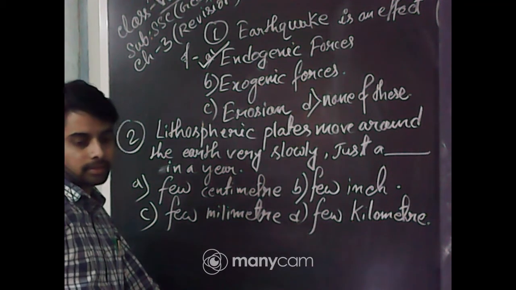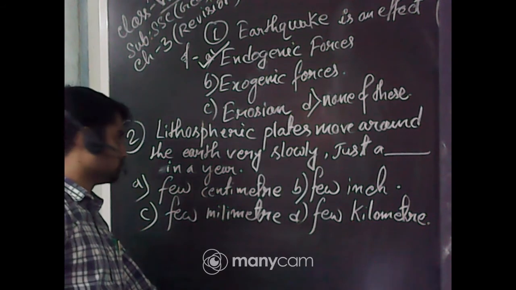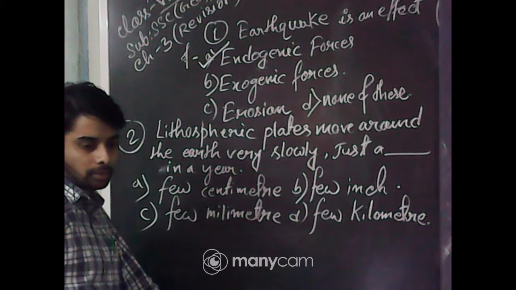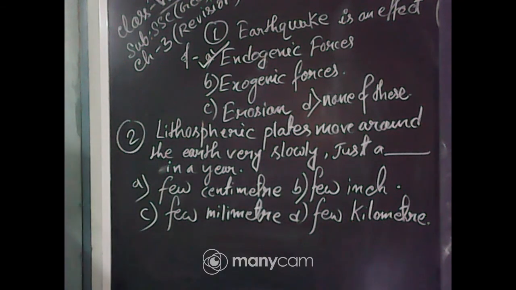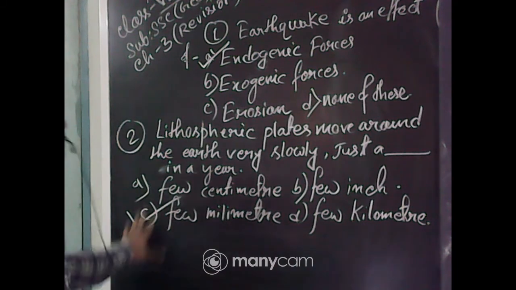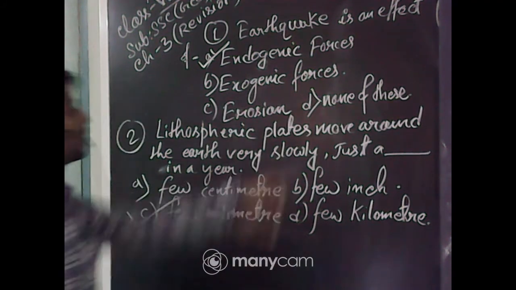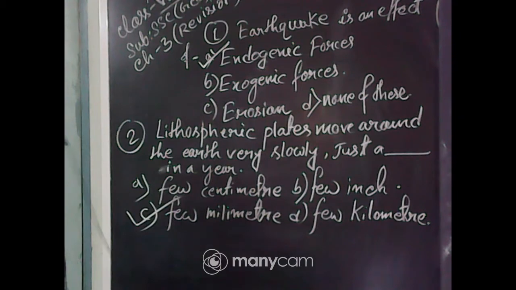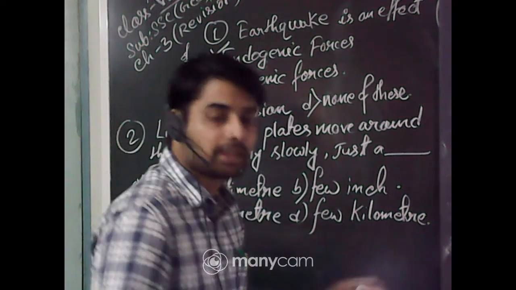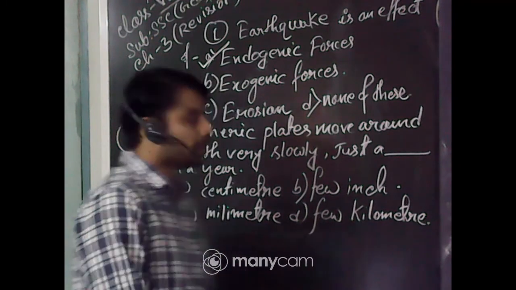Any other? C, few millimeter. Okay, most of the students said that it is few millimeter, and it is correct. The correct answer is few millimeter. Okay, so lithospheric plates move around the earth very slowly, just a few millimeter in a year. So that's why we cannot feel the movement. It's very slow.